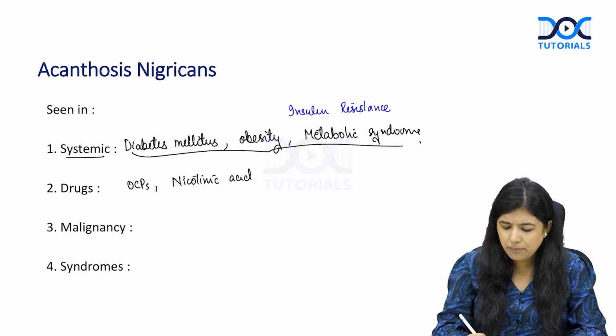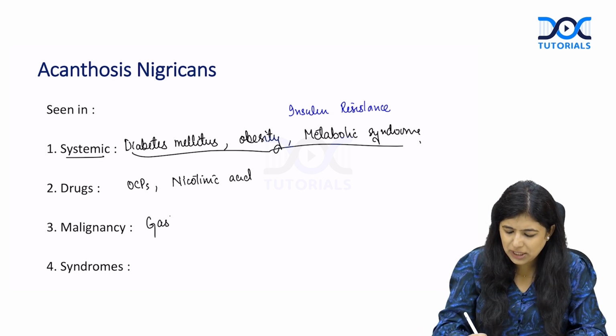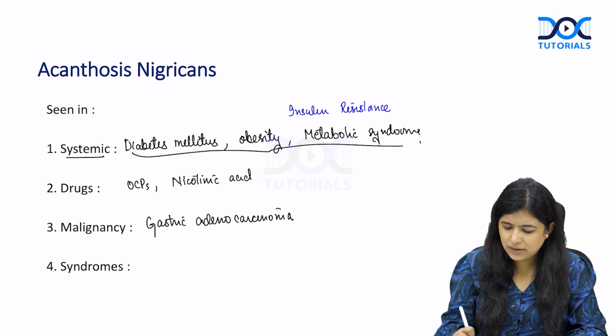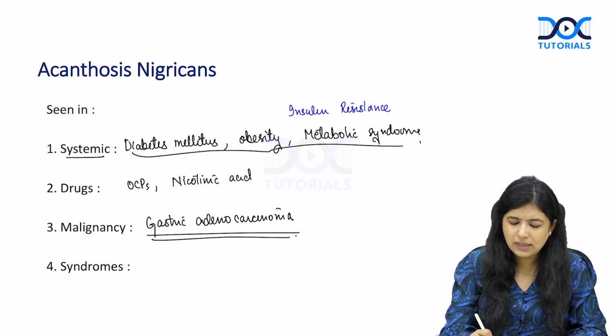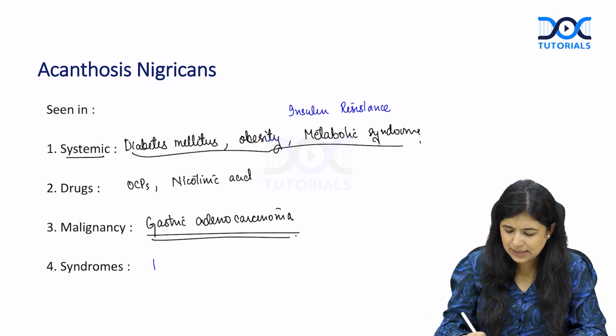Malignancies is a very important association, especially gastric adenocarcinoma. And Acanthosis nigricans is a paraneoplastic sign for gastric adenocarcinoma. Then a syndrome that is associated here is the HAIR-AN syndrome.